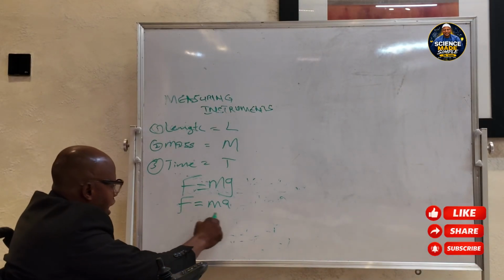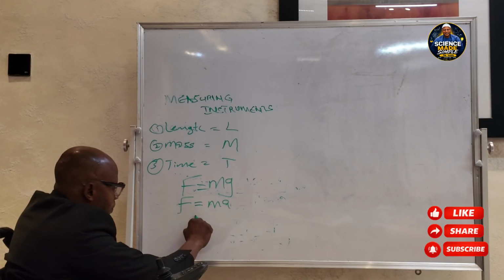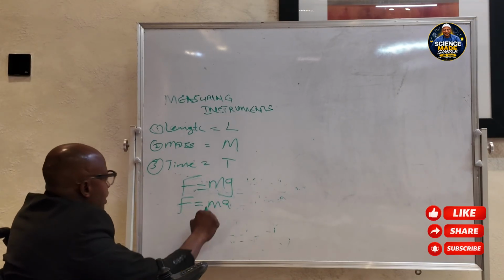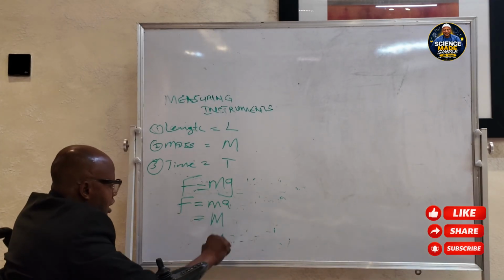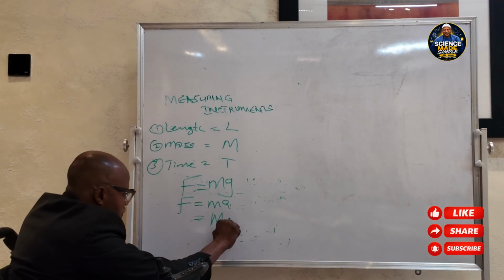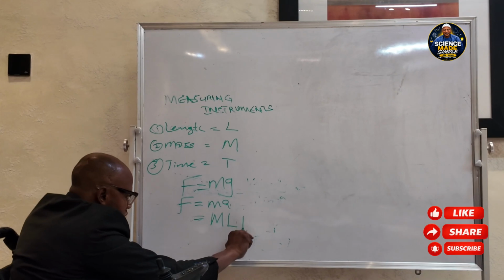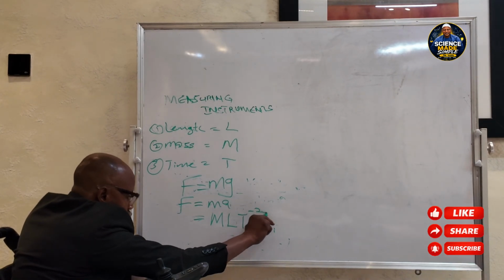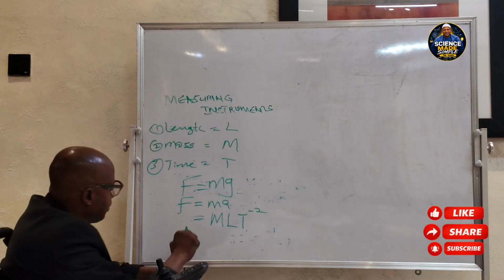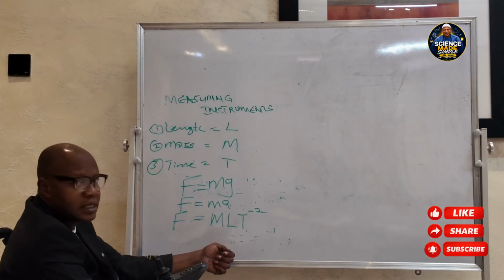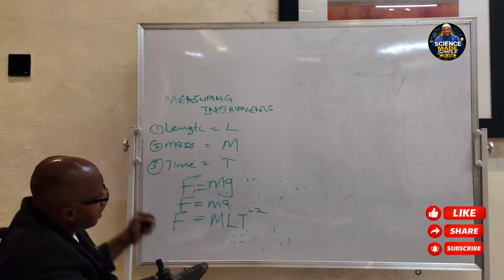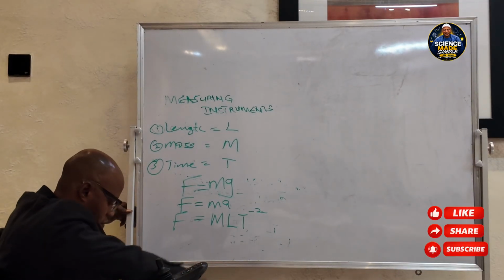So our F is the same thing as ma. We have M from here, capital letter M, then acceleration from the previous example is LT minus 2. So the dimension for force is MLT raised to power minus 2.